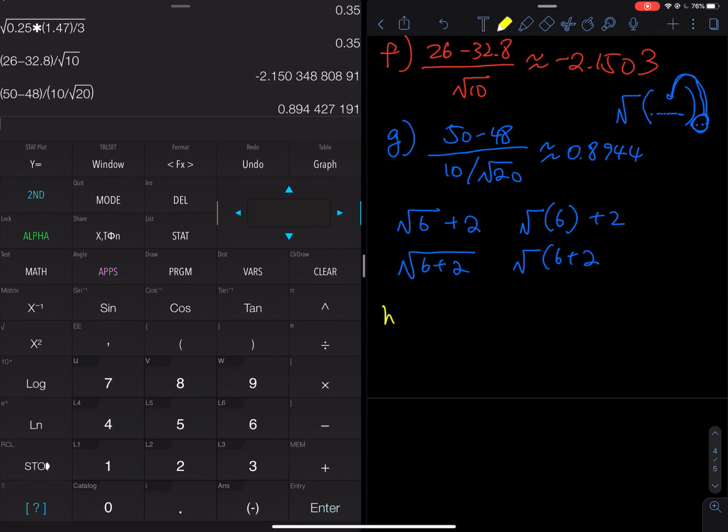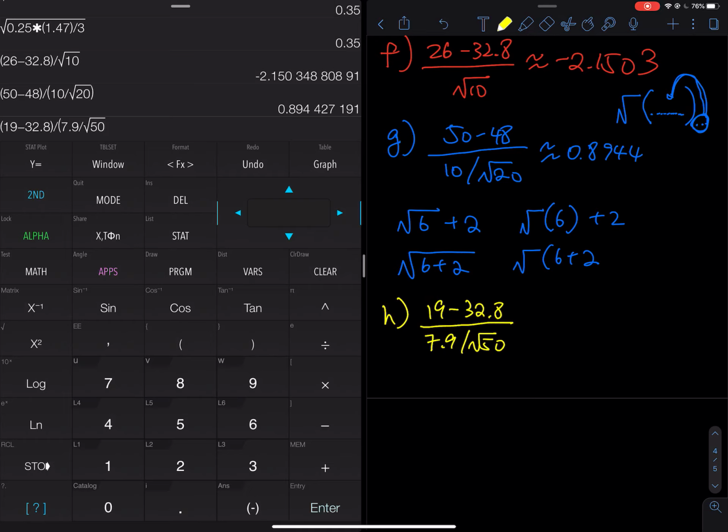So part H, we have 19 minus 32.8 divided by 7.9 over square root of 50. So open parenthesis, 19 minus 32.8 divided by 7.9 over the square root of 50.